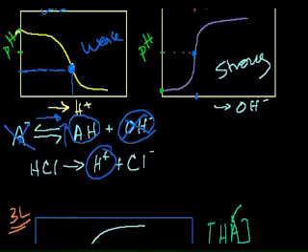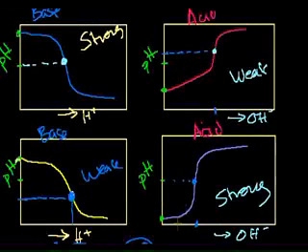Obviously, if you take a strong acid, there is no equilibrium constant for a strong acid, and there is no equilibrium constant for a strong base, because they're not in equilibrium. They dissociate completely. Anyway, hopefully you have a good understanding of titration now.